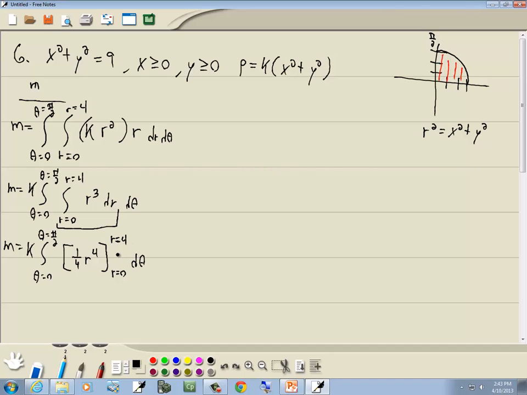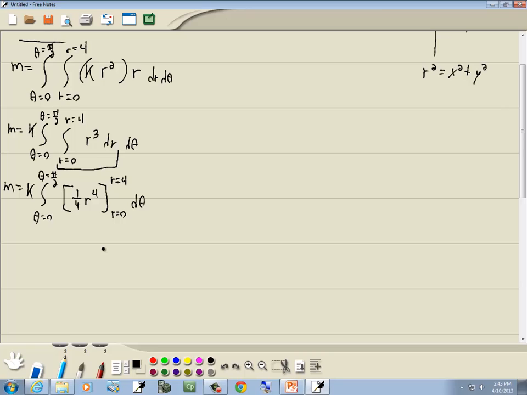Now the 1/4 I can put clear out in front. So we got m is equal to 1/4 k, theta is equal to 0 to theta is equal to pi over 2. And now we'll plug in for r. So we're going to have the upper limit to the 4th power minus, plug 0 in for r, so 0 to the 4th power, d theta.